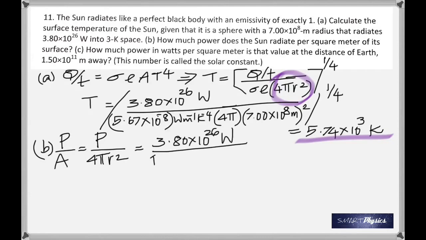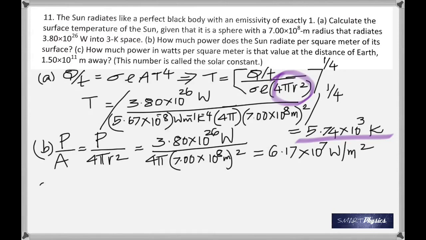So we have the power, that is the energy radiated per second, which is 3.80 times 10 to the 26, divided by 4 pi r squared. And so from each meter squared, the sun radiates 6.17 times 10 to the 7 watt per meter squared.